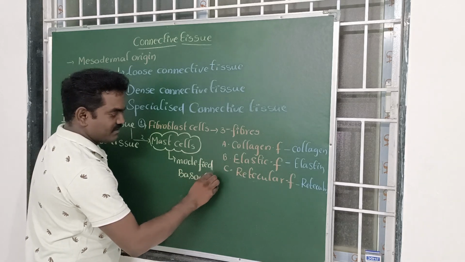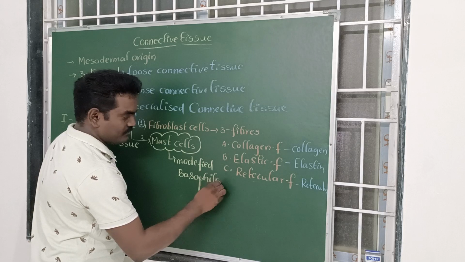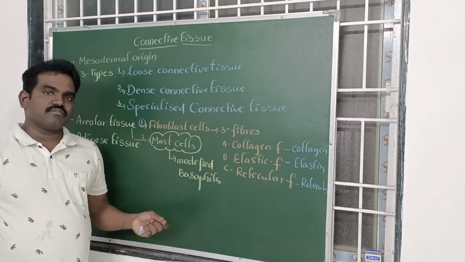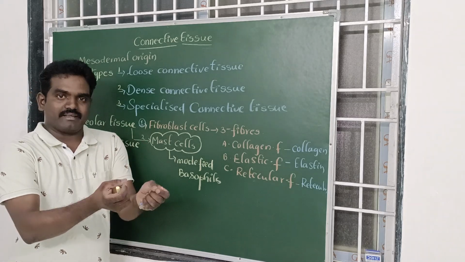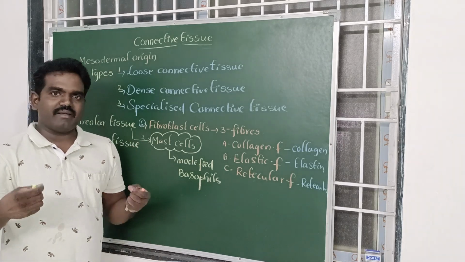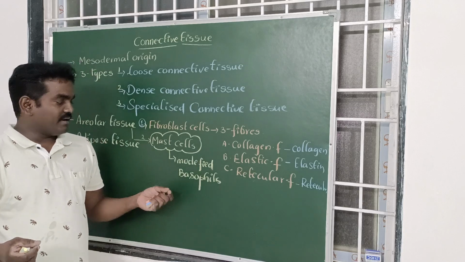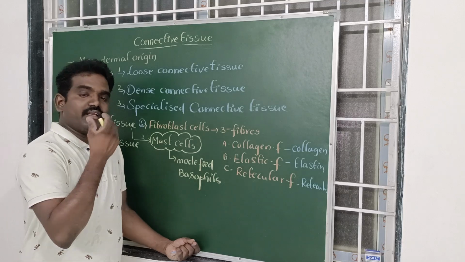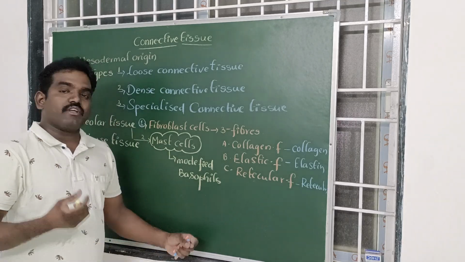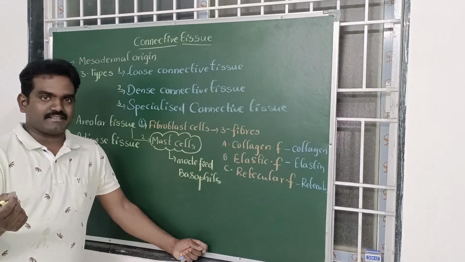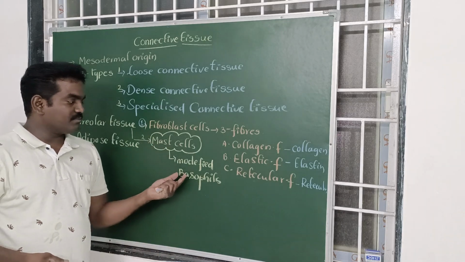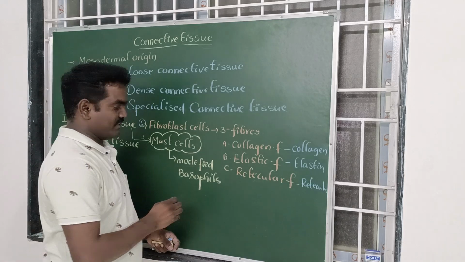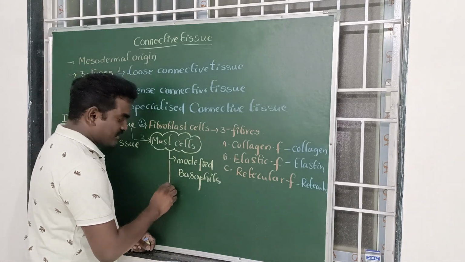Usually we know very well about basophils. Basophils are not only present in the blood; if any emergency situation happens, they migrate from the blood vessels to the ECF, extracellular fluid, through a process known as diapedesis. At that time, we call this basophil a mast cell.